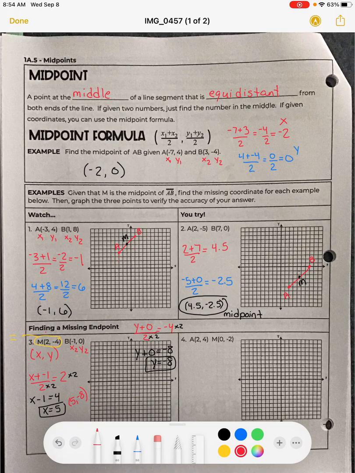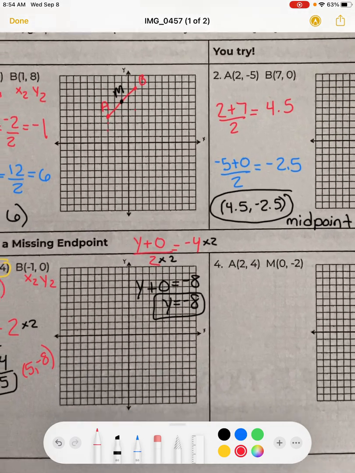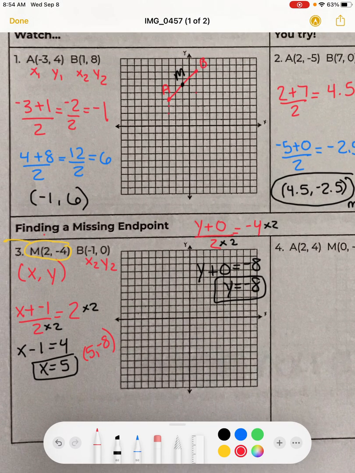Alright, let's plot the points and see what we have. We have a midpoint at 2, negative 4. I'm going to put an M there. And then I have negative 1, 0 as my B. So we're going to plot the point 5, negative 8, because that's the point we found.